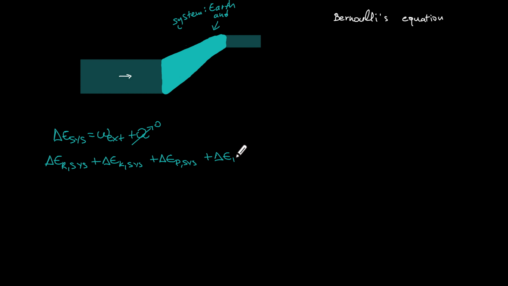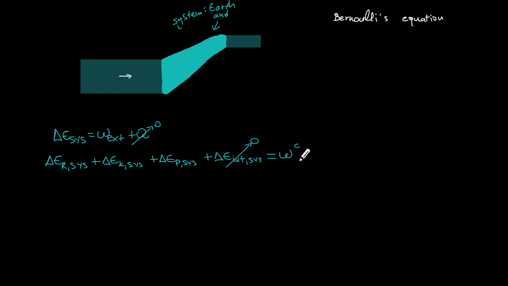And we have also seen that there may be some change in the internal energy. There is none for the phenomenon that we are studying, and this is the external work done.